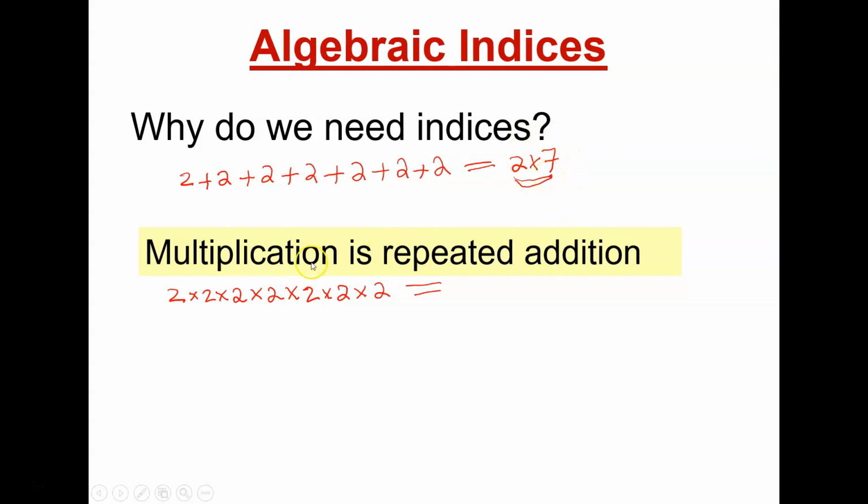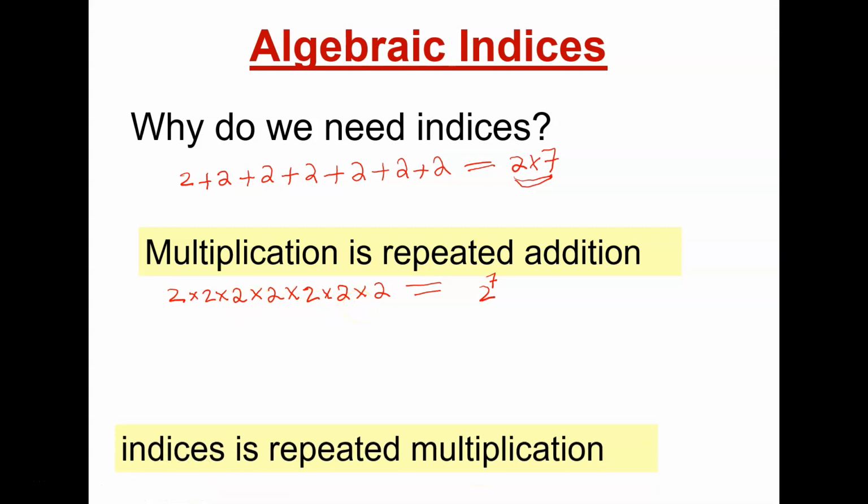In a similar way, we're going to solve this repeated multiplication problem by introducing indices form, where we write down 2 and put 7 on top of it. So 2 to the power of 7 is the same as 2 times 2 times 2 times 2 times 2 and so on. So simply we say indices is nothing else than repeated multiplication.